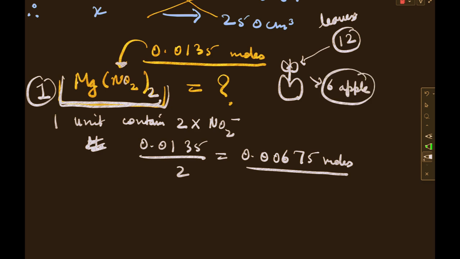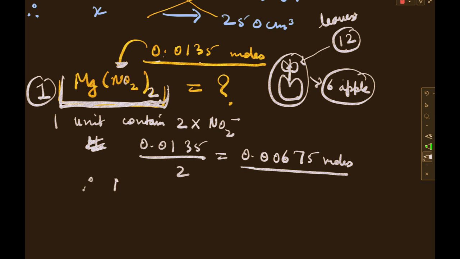Same thing: the nitrite ions are these many. How many of the whole unit if one unit contains 2 nitrite ions? So you simply divide that by 2, half the number. Just like 12 leaves, if you ask for the entire apple, it will be 6, half the number. Similarly, you know the moles of nitrite ions, but each unit contains 2 of them. So the entire unit, just like the apple, would be half the amount. So therefore, my moles are these many.